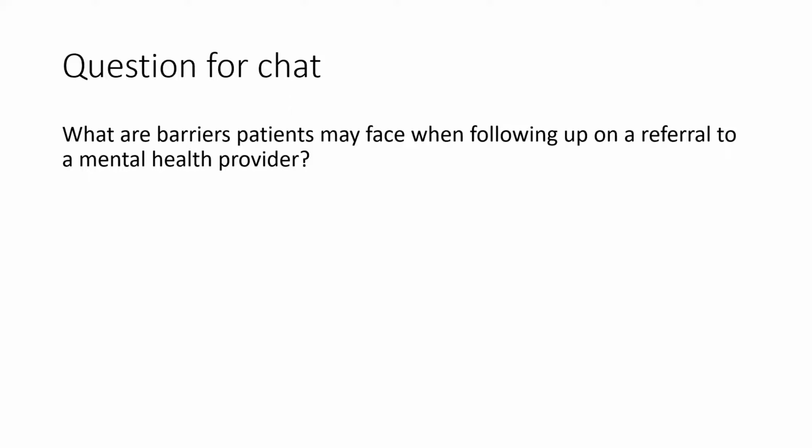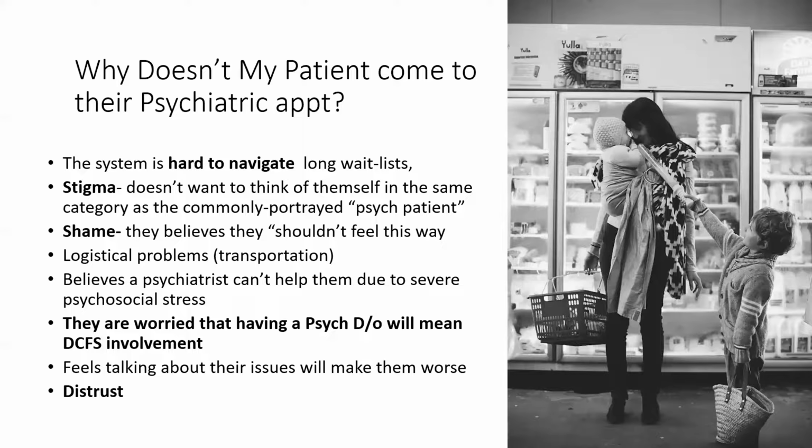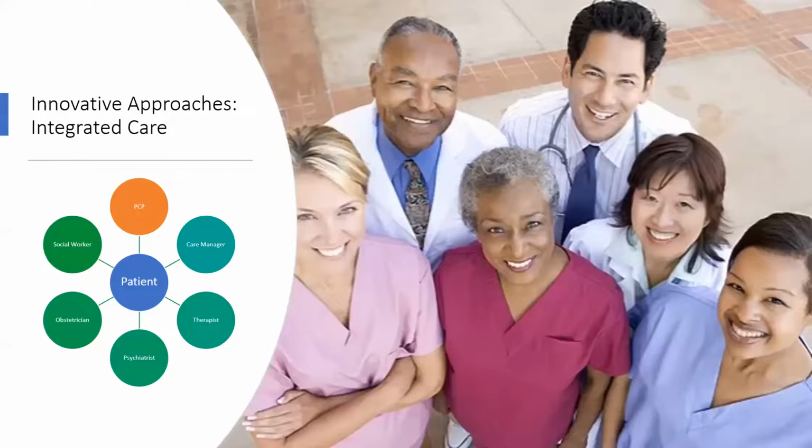I think that has a lot to do with the fact that we're asking a patient who may be under a lot of distress or depression or anxiety to navigate a lot of barriers in these systems that are all siloed from each other. And this is a slide that I often show obstetrical residents, when it's a frustration about why do I refer and my patient doesn't come? There are many, many reasons why the patient might not come.